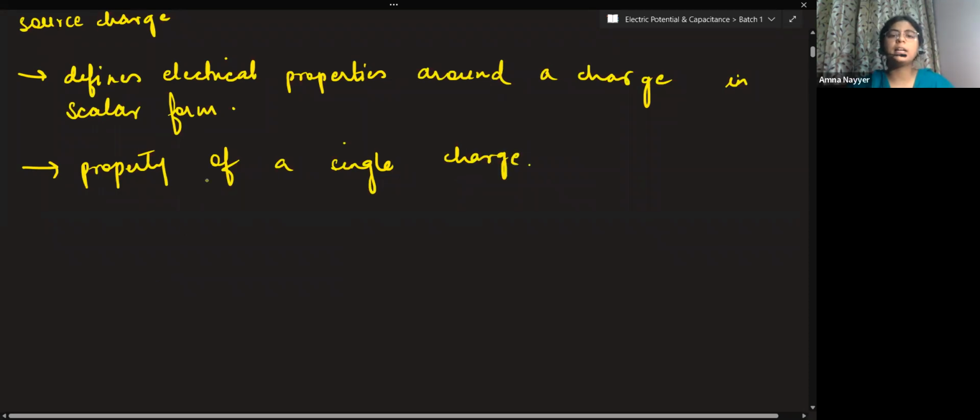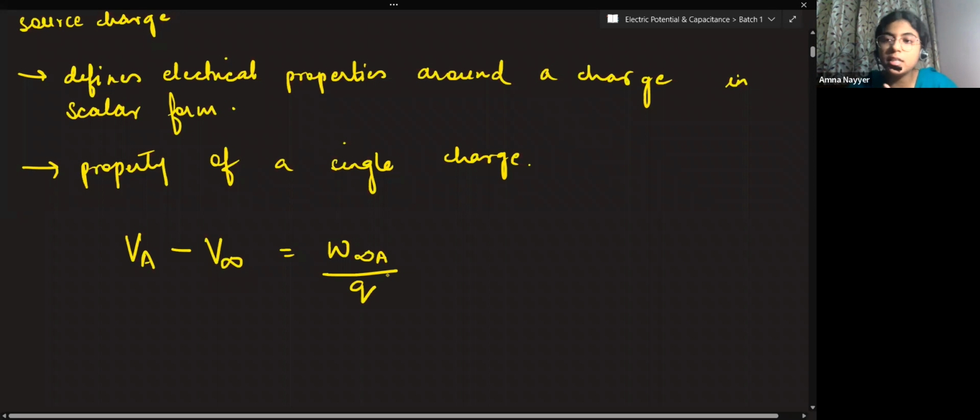So potential is what? The way I had taken that point A, if at a particular point A I am bringing a charge from infinity, then my change in potential means VA, the final point, minus the initial point, the potential at infinity. This is equal to the work done in bringing it from infinity to that point per unit charge. So if you have a unit positive test charge, if Q is equal to plus 1 coulomb, then my potential will be equal to the work done.